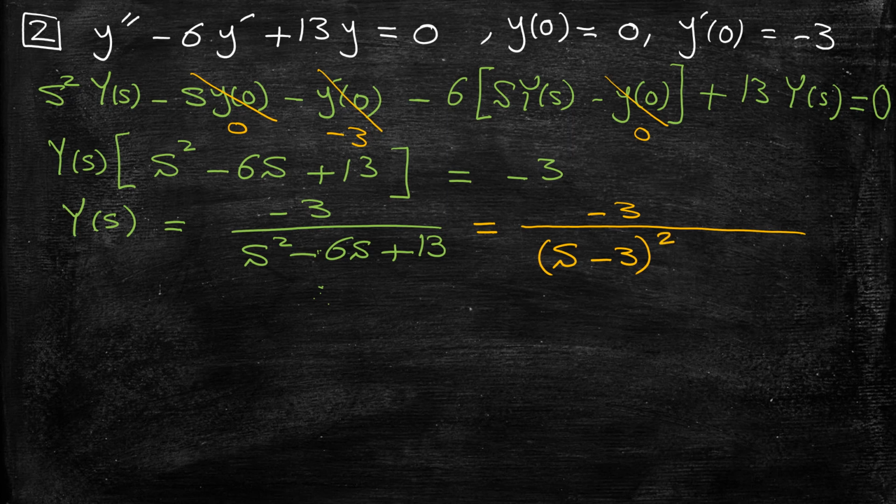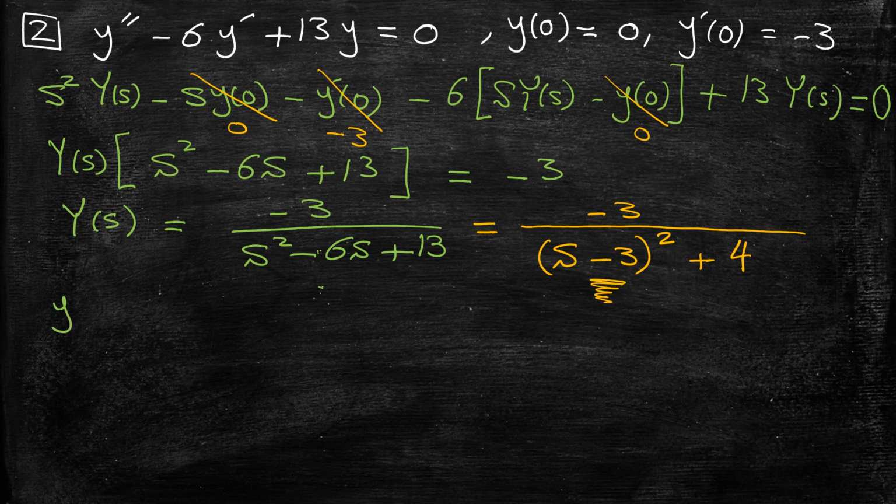And then here this is plus 9, so plus 13 needs this 9 to be 13. It needs another 4. So this term here has the shifting, which is e power 3t. And then we have another term, which is 3 over s squared plus 4, which is related to sine or cosine, but the numerator is a constant, so this is the sine.